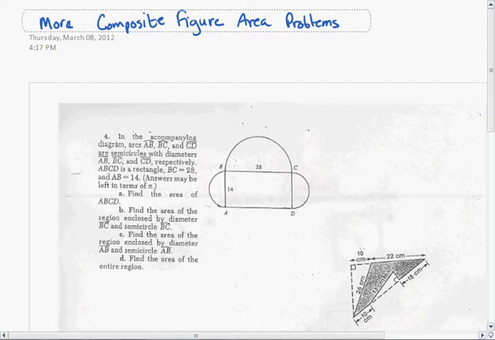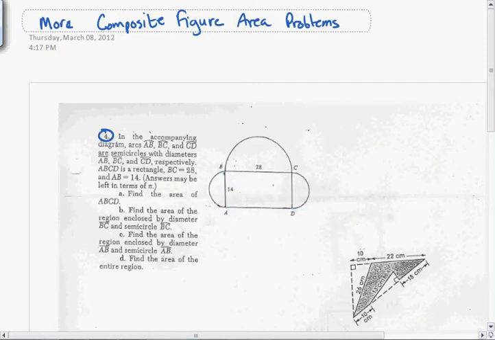Number 4. In the accompanying diagram, arcs AB, BC, and CD are semicircles with diameters AB, BC, and CD respectively. So what that's saying is that all of these curves, these arcs, are half a circle. So in each case, you can extend those circles around, continue the circle, and you can see that each one of those are just half circles.